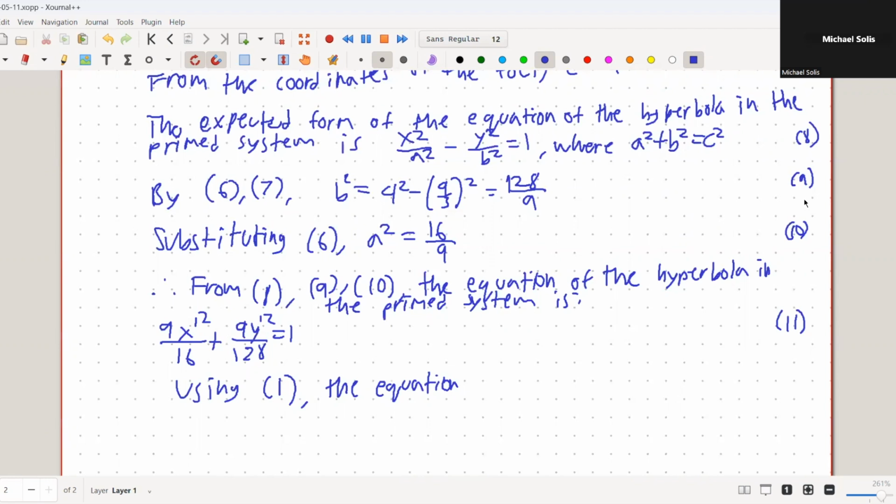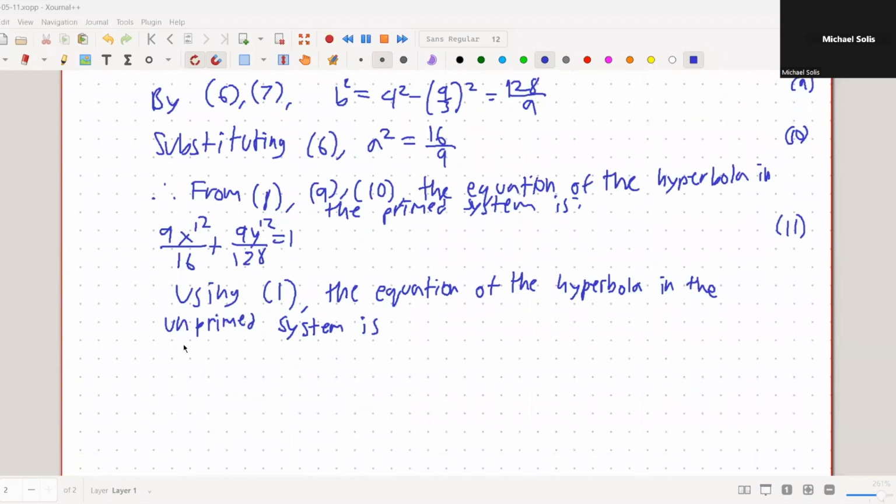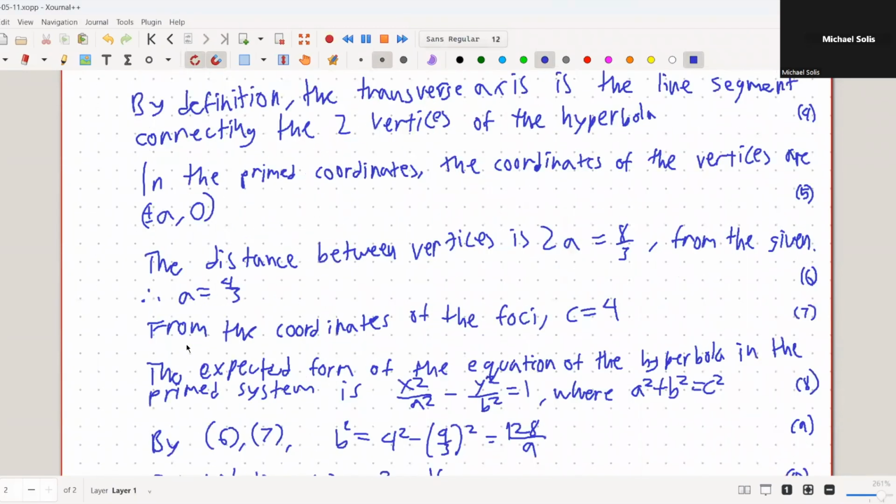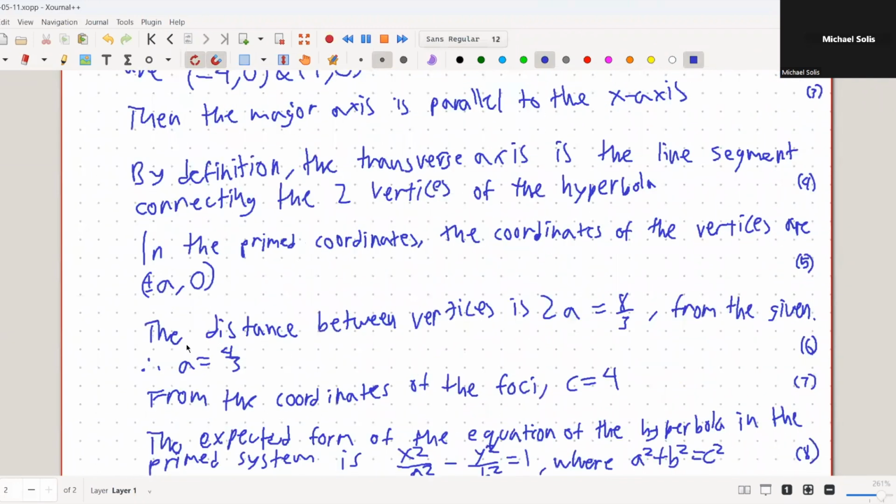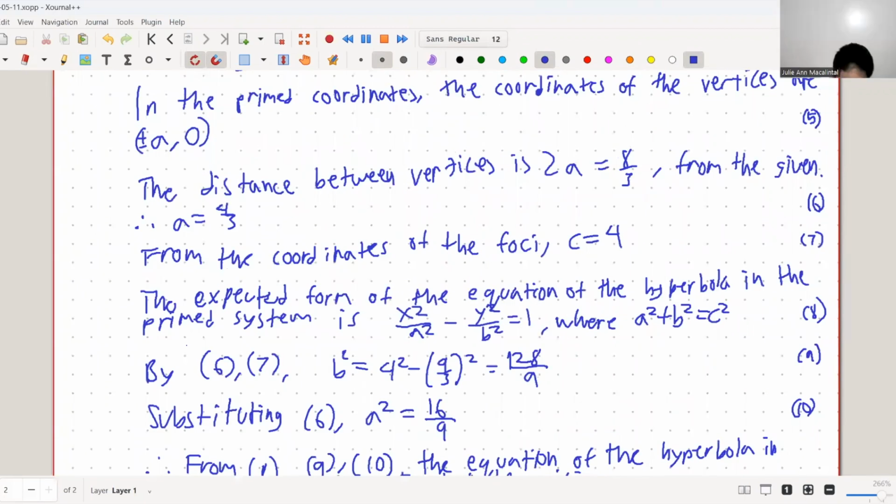Okay, so using, now, instead of just using one, give it a name. So using the transformation equations, or if using one is fine, okay. Using one, the equation of the hyperbola in the unprimed system. Let me see. So the equation of the hyperbola in the unprimed system is 9, and then quantity minus 3.